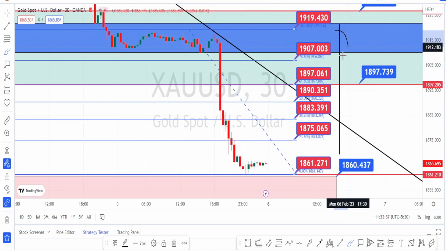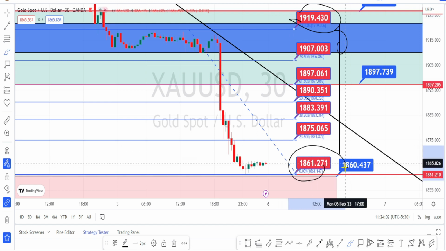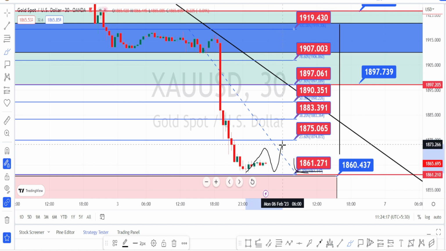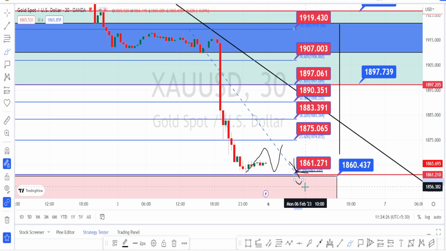So the values within these red color boxes are the resistance and support levels for current price action in 30 minutes time frame. Currently the price action has taken support around the support level of 1861 and it is on a sideways price action. If the price action breaks this support level, we can expect the bearish trend to continue. Please refer to the higher time frame support levels for reference.